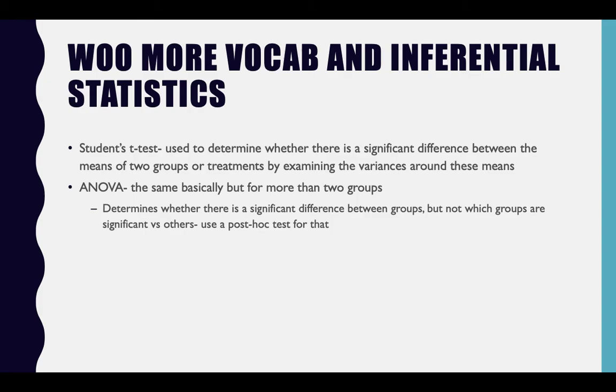And then you've got an ANOVA, which is for more than just two groups. It's the party version of the student's t-test. It will tell you if there is a significant difference between groups, but not which groups have a significant difference versus other ones. You'll have to use a post hoc test for that.